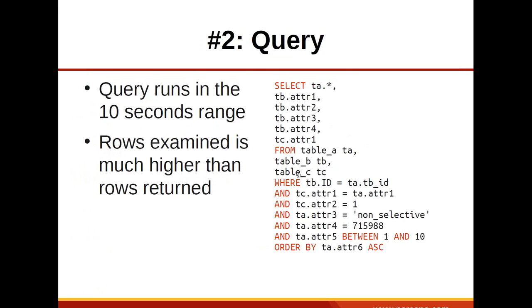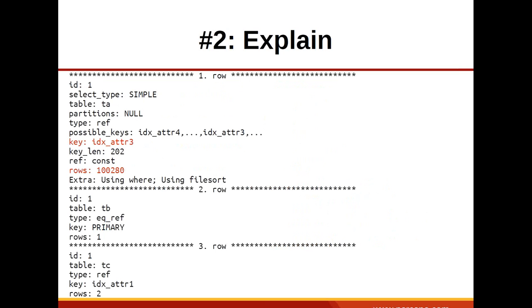So it's a possible index, but it's not used. And if you check the query itself, table A.attribute4 equals an exact very large number, this seems to be really selective to me. Even without looking at the data, this seems very identifier-like.